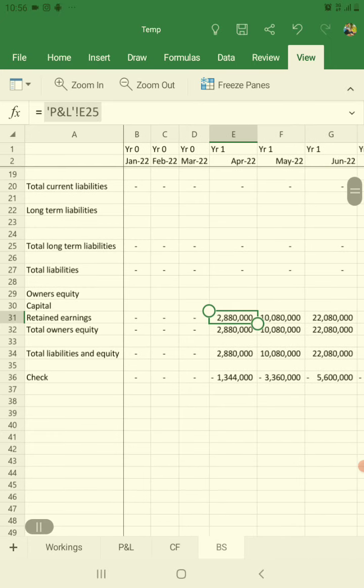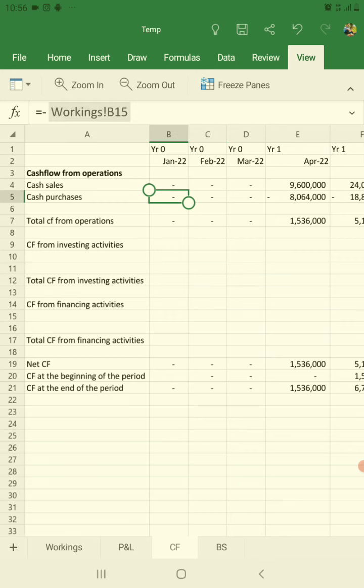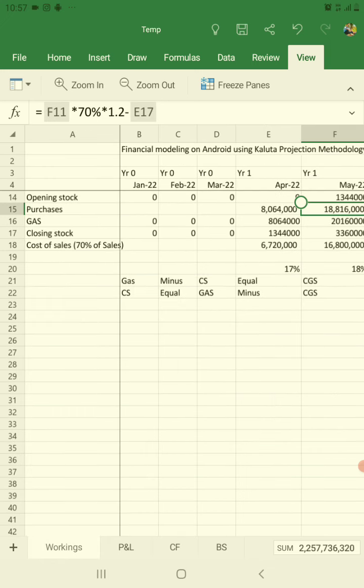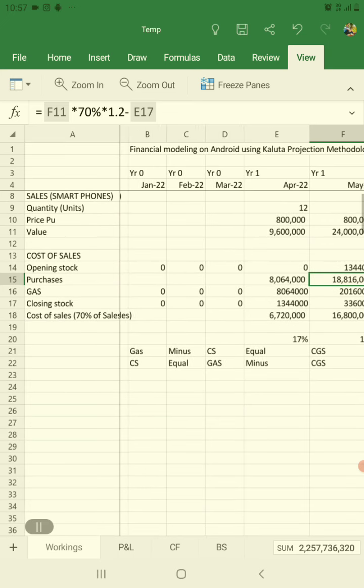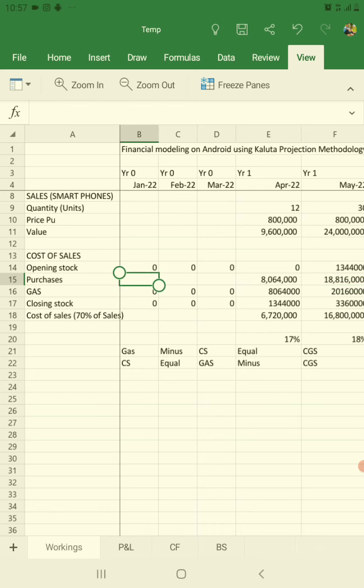So this is what we want to settle. So coming to the cash flow, cash purchases, here I picked them in the workings B15, which is here. Yeah, okay, so that's right.